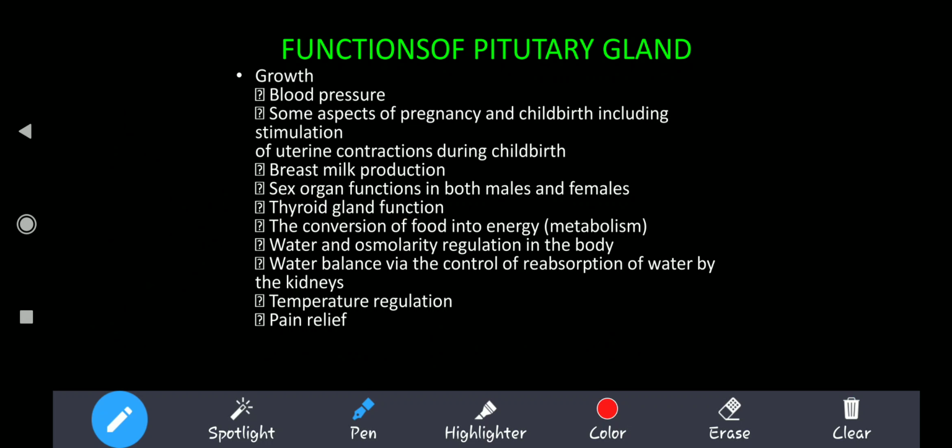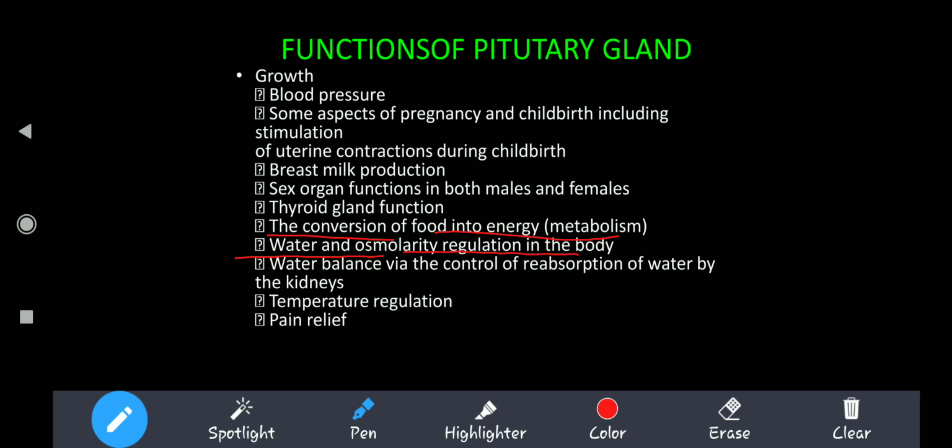So the pituitary is commanding the thyroid to start the production of hormones which are extremely necessary in the body at that particular time. The conversion of food into energy, metabolism, is again under the pituitary. Water and osmoregulation in the body, the osmosis happening into the cell and out of the cell, is all regulated by the pituitary.